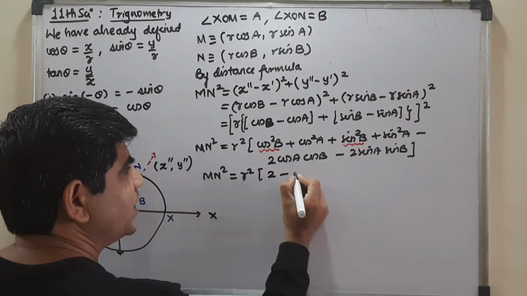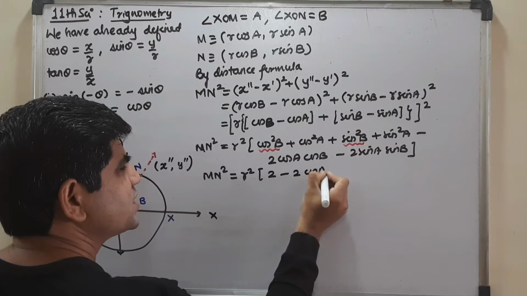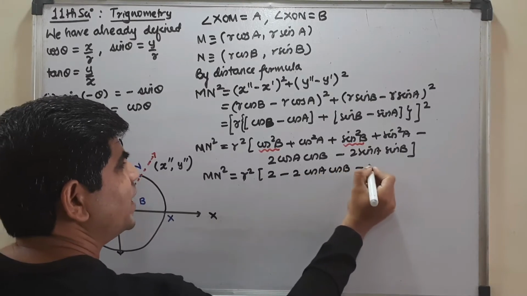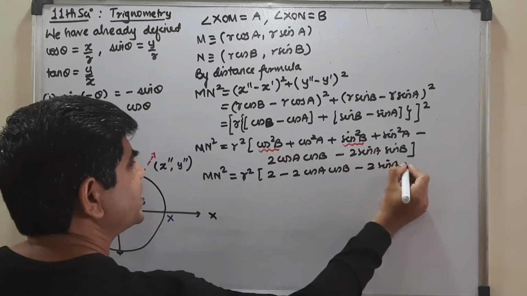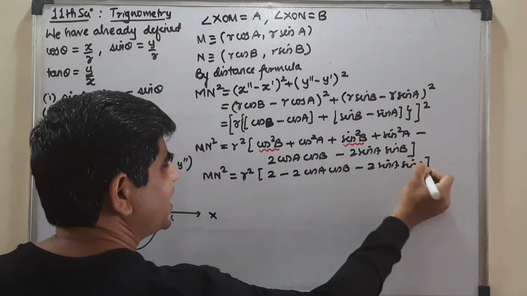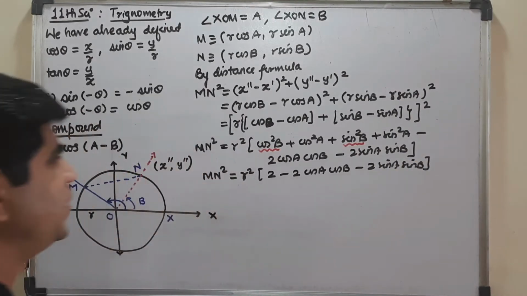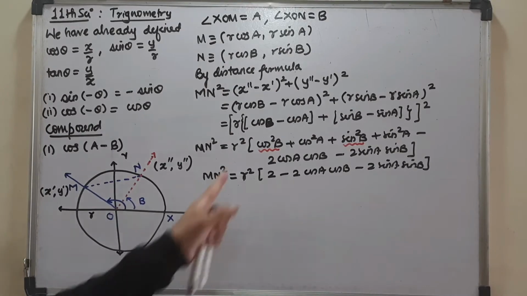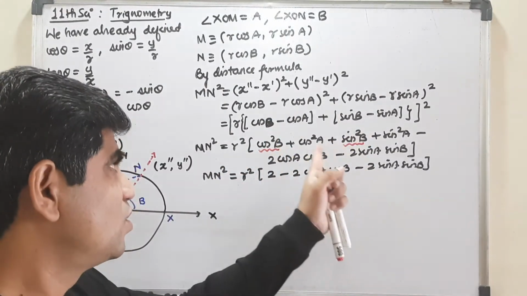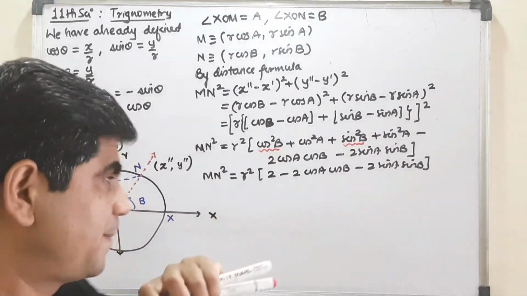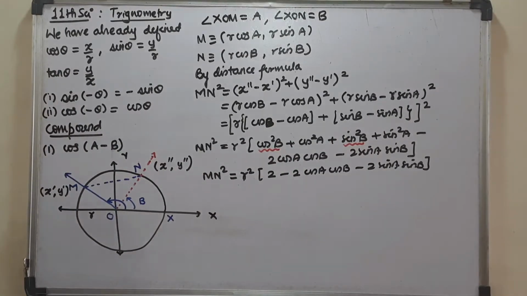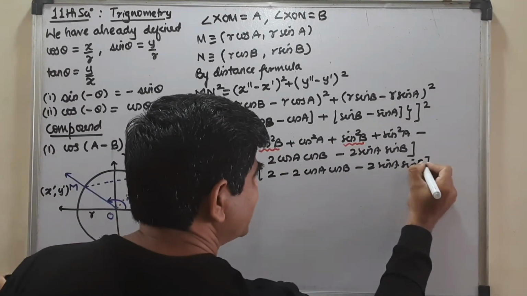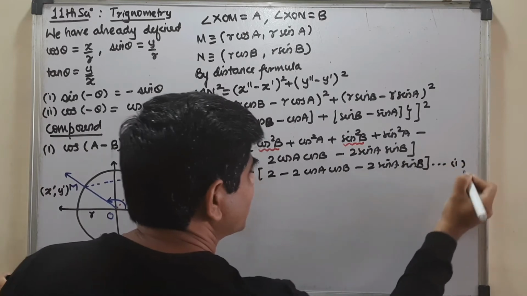So I get 2 minus 2 cos A cos B minus 2 sin A sin B. You can take it outside anytime whenever you please. Cos square B plus sin square B is 1, cos square A plus sin square A is 1. Okay, let this be stored. Maybe we will be using it later on.